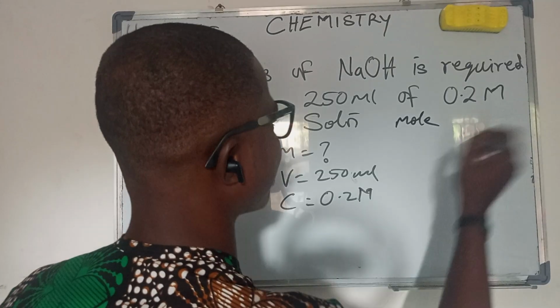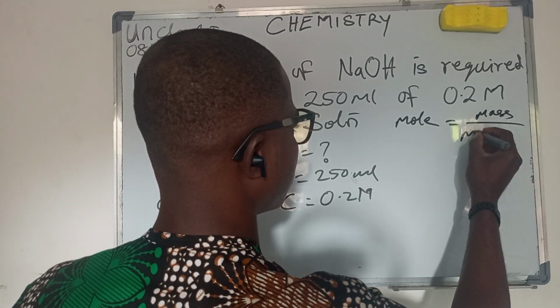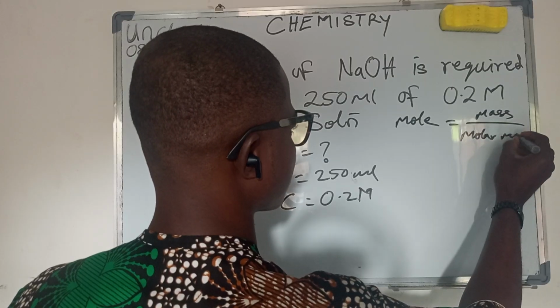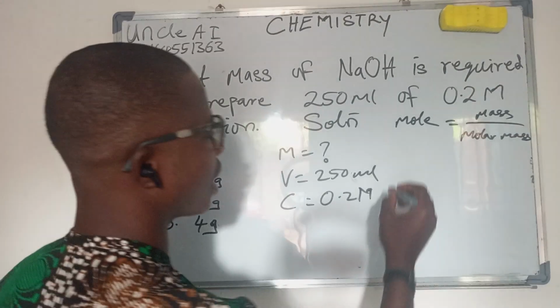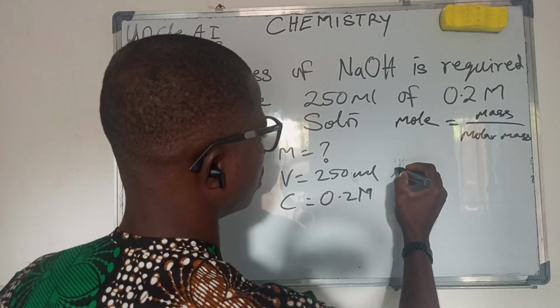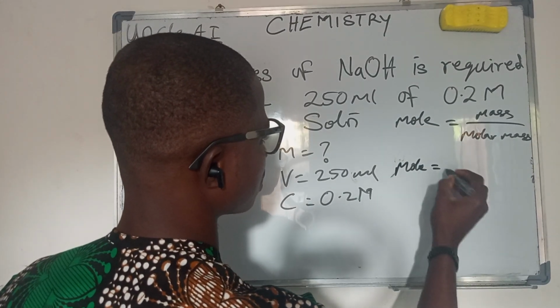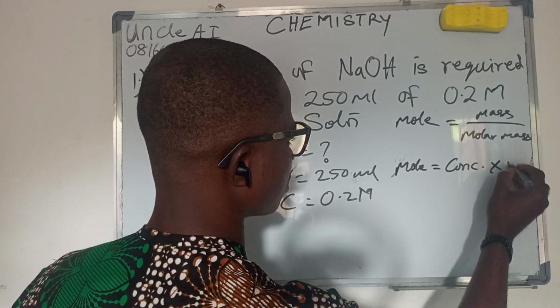Now, we have a formula that says that mole is equal to mass over molar mass. We also have a formula that says that the mole of a substance is equal to concentration times volume.